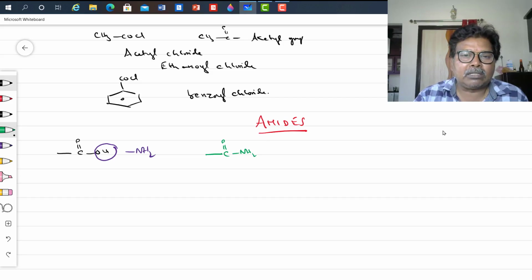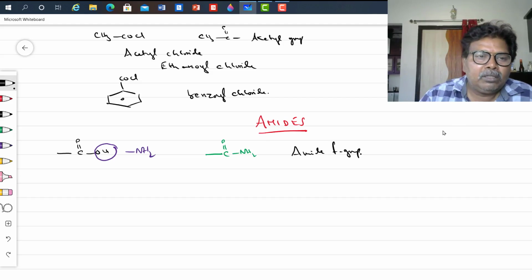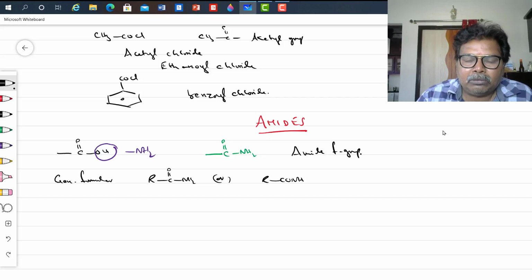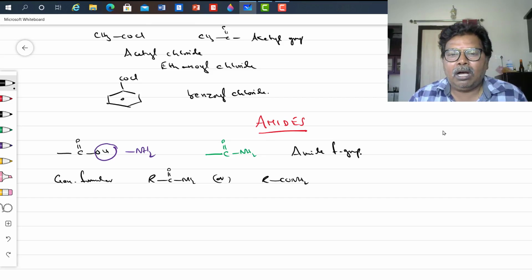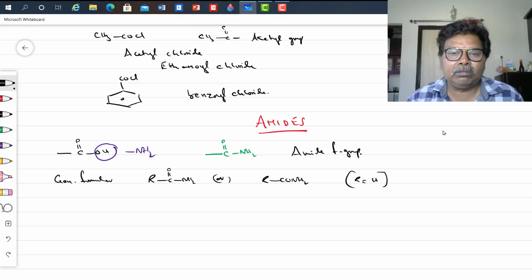So this is called the amide functional group. The general formula is RC double bond O, NH2, or you can write RCONH2. R equal to H also, because we have carboxylic acid with R equal to H.